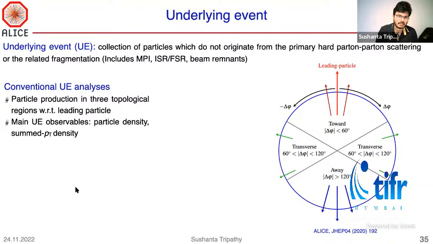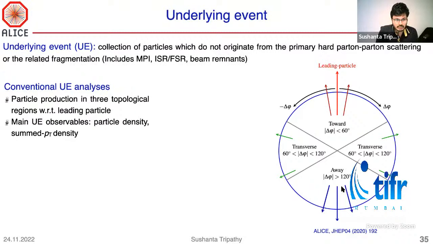This includes the multi-parton interactions, beam remnants, and initial and final state radiation. For the conventional UE analysis, we study the particle production in three different topological regions with respect to the leading particle: a toward region, a transverse region, and an away region.